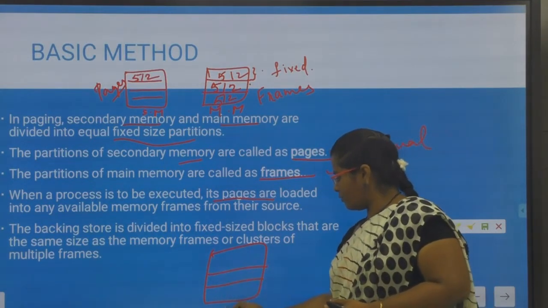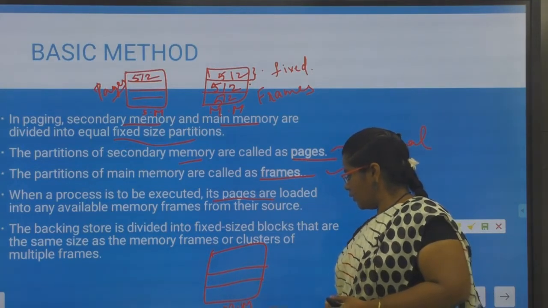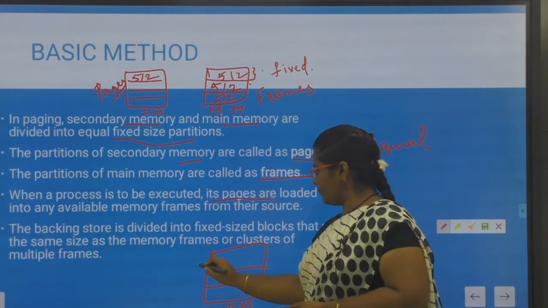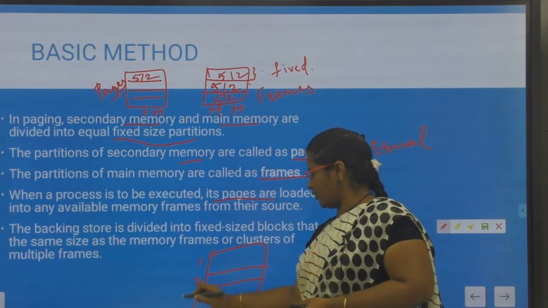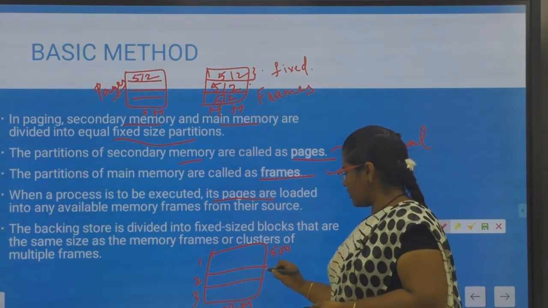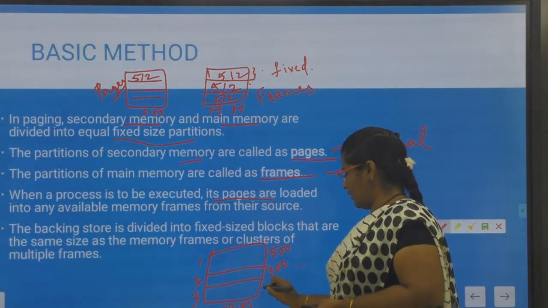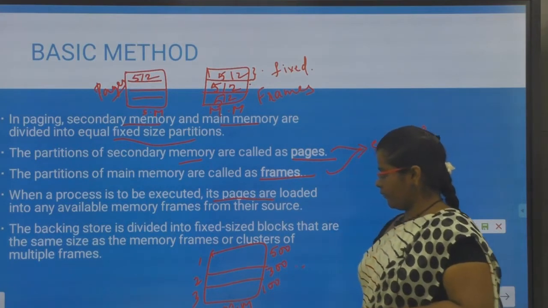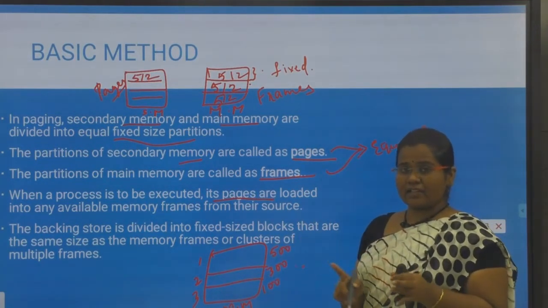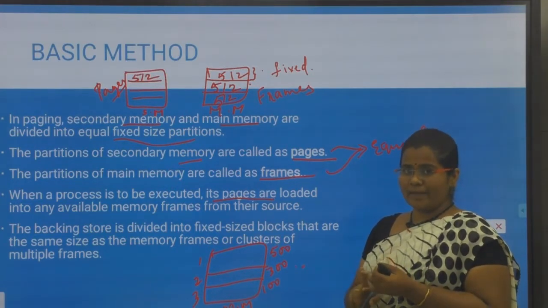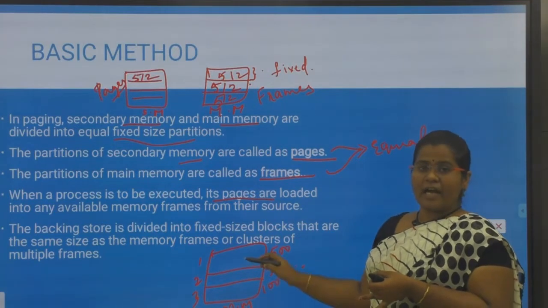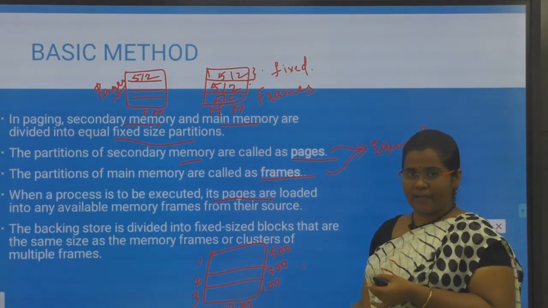This is my main memory, and this is one partition, partition 2, partition 3. Let us assume this is of 500 byte size, this is of 300, and this is of 100. I have three partitions, and we can put only one process in each partition, so I can place three processes into the partitions.